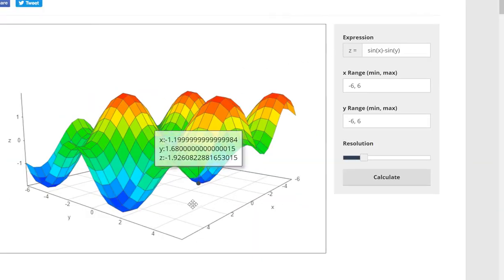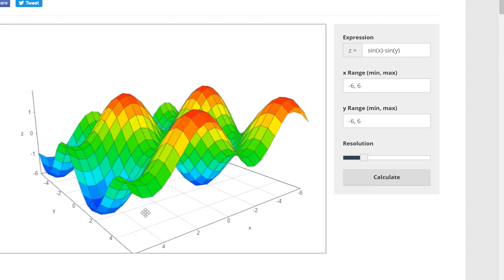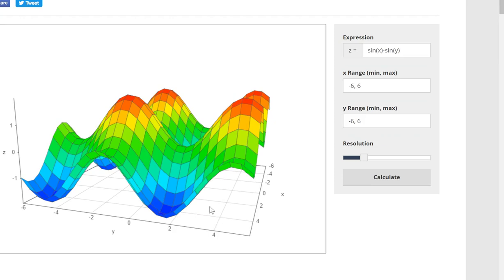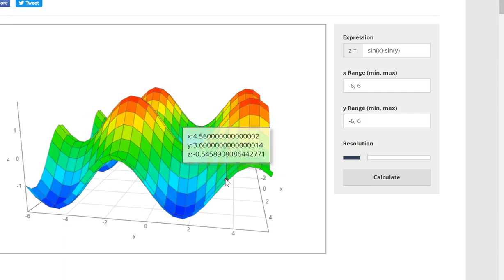All right, so here we are. So we're at 3, 3. Let's see if I can get there. At 3, 3, it's about right here. It's kind of hard to tell, but in the strict y direction, it's going up.